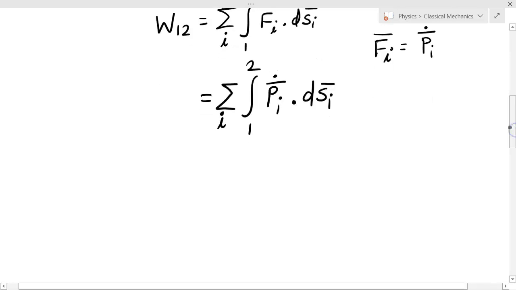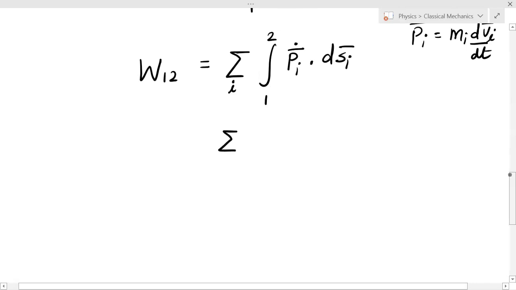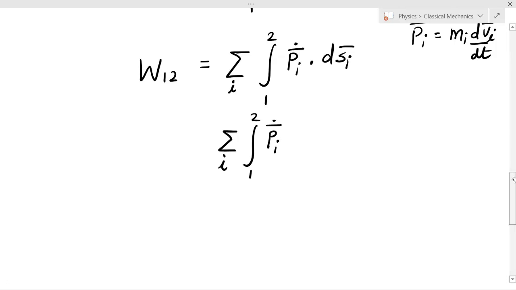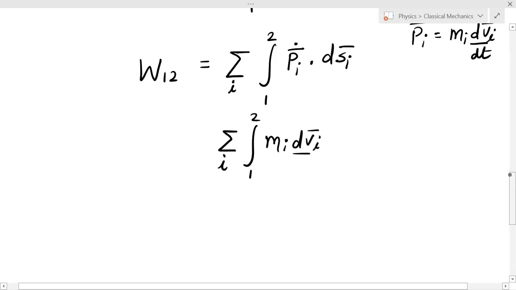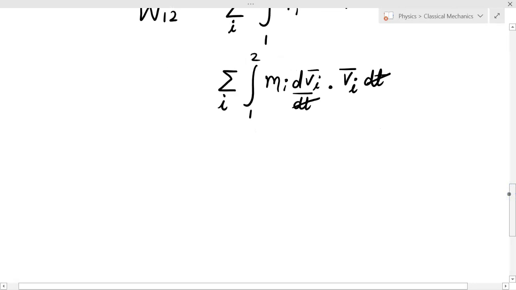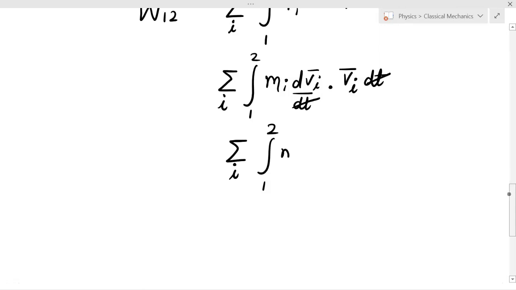Now, instead of Pi bar dot I am writing mi dvi bar by dt, dotted with dsi bar. Instead of dsi bar I will write vi bar dt. Now this dt and this dt I can cancel out, so this will become the integral over 1 to 2. Since dot products are commutative, I can write mi vi bar dot dvi bar.